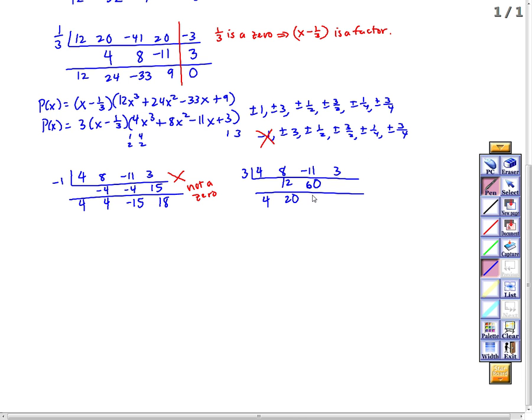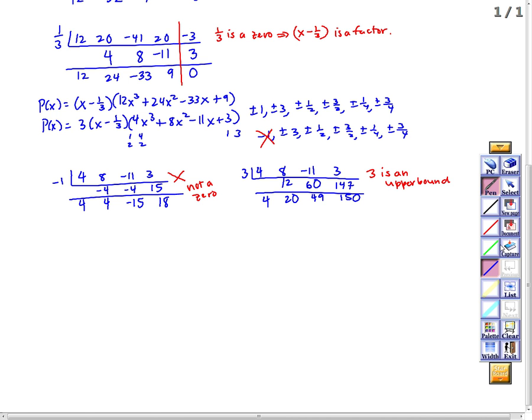Negative 11 plus 60 is 49. 3 times 49 is 147. 147 plus 3 is 150. If you notice, all of the numbers in the bottom row are positive, so this tells me 3 is an upper bound for the zeros. Doesn't really matter because 3 was the biggest number we had, but 3 is not a 0, it's an upper bound.